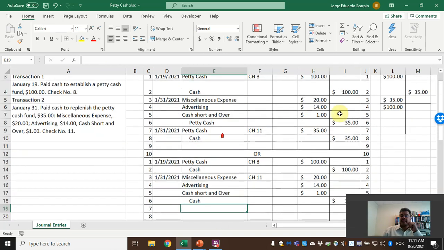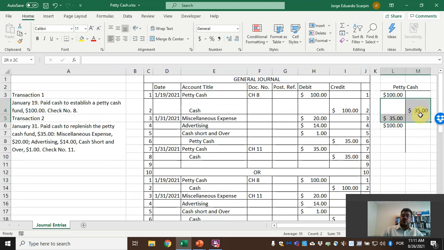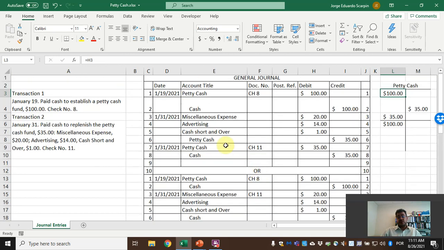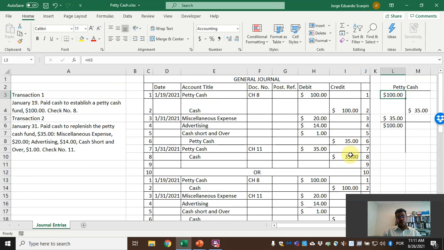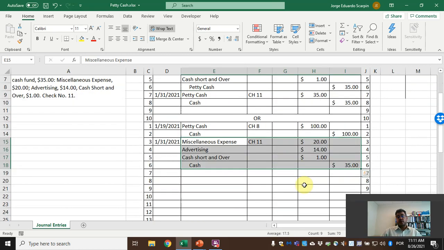And then we have no additional journal entries for petty cash. The petty cash would be there, 100, and when we record our expenses, we would be crediting cash because we would be replenishing our petty cash. So we can do it using 2 journal entries or only 1 journal entry.